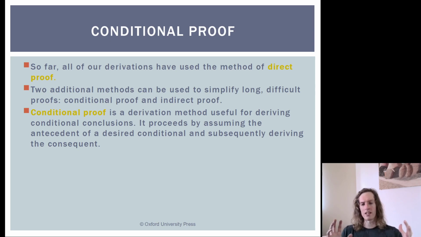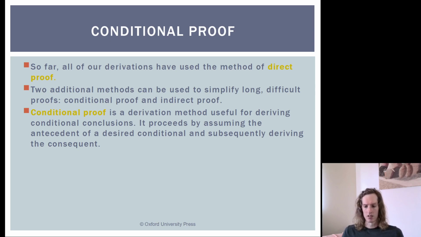The way this works is that a conditional statement, like if P then Q, is just giving us a hypothetical situation. If it happened to be true that there were P, then it would be true that there would be Q. So when we do a conditional proof, we're just taking something and assuming it. We're inserting it into our proof as an assumed premise, and we see what follows from it.